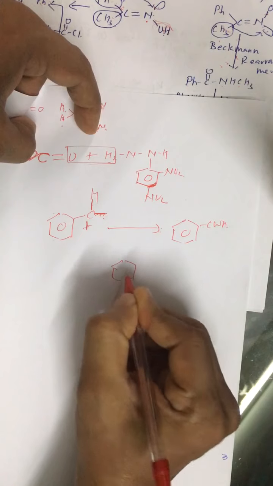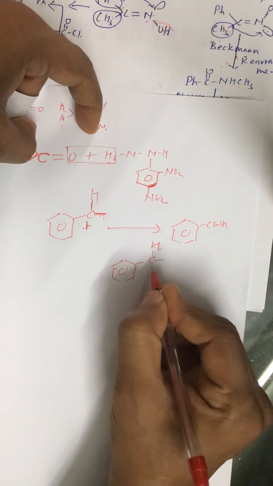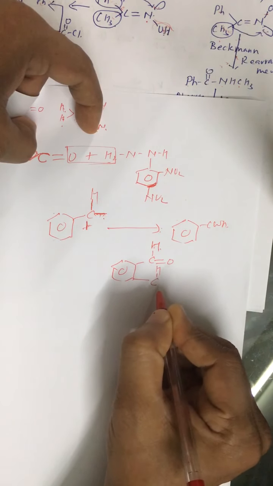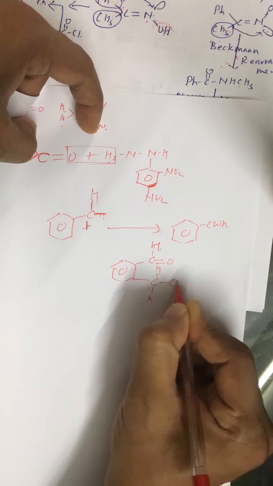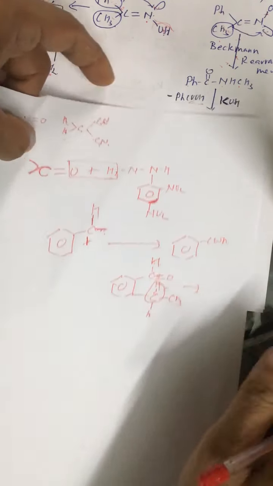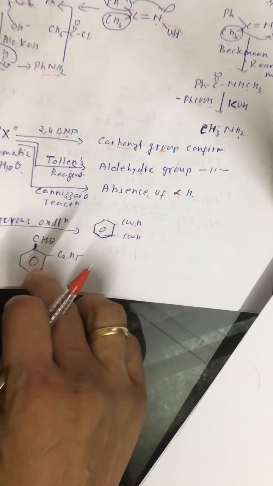So we know that the CHO group has a benzylic CH, and here we have again a benzylic CH, with hydrogen and methyl group. So both the groups get converted to COOH. So X must be this compound, that is the first option.